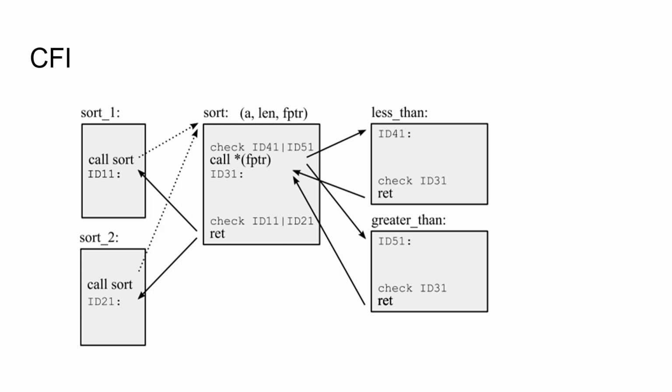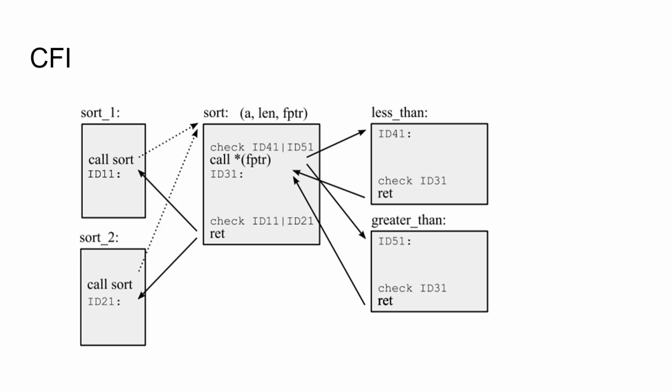And finally, when either of these routines, less than or greater than, return, we again do the check. We check whether or not we return to the appropriate call site, namely the instruction that is following the call in the sort routine in the middle. In other words, we check whether or not the target has the identifier we want.